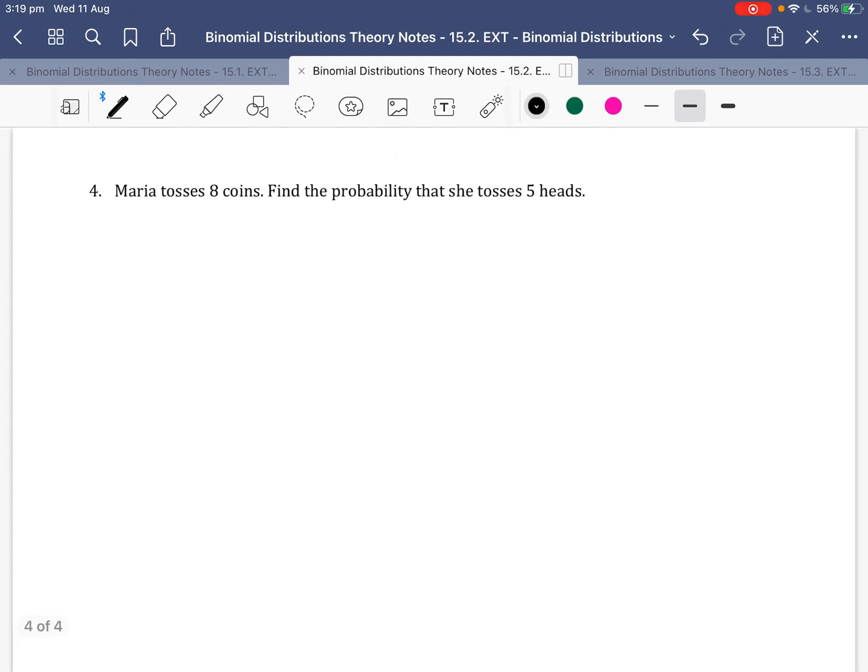Example 4, we have Maria tosses 8 coins. Find the probability that she tosses 5 heads. So again, we're using that same formula of the probability of x equals nCr p to the power of r, 1 minus p to the power of n minus r. So the probability that x equals 5, now we want 5 heads. We have 8 coins that we're tossing.